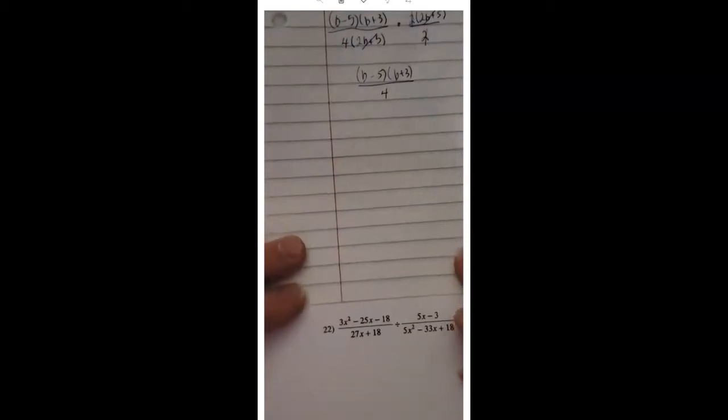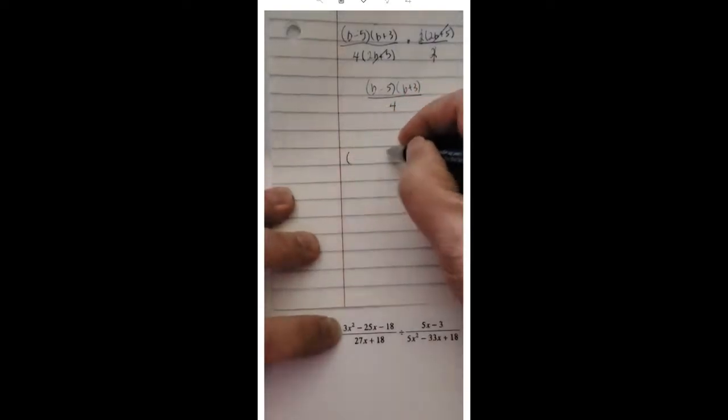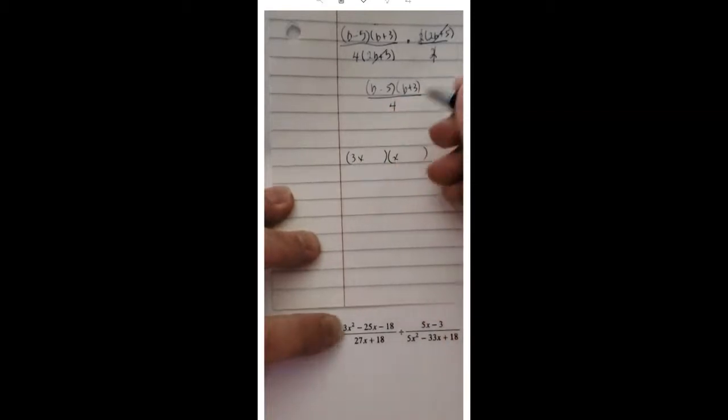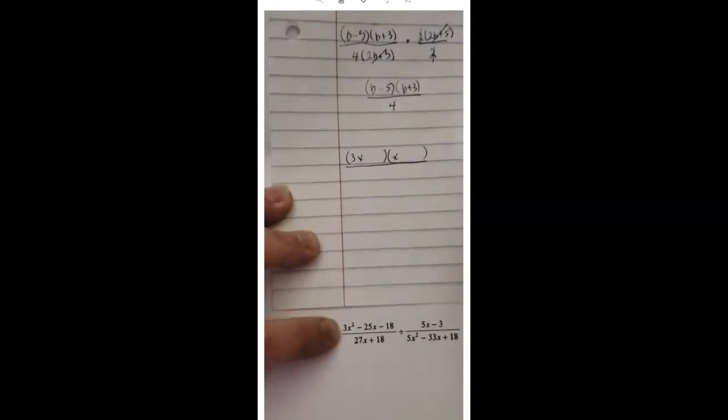Again, I'm going to factor it a little bit as I'm rewriting it. That one doesn't have a greatest common factor, so that one's going to be 3x and an x. Trying to think of what one's going to work there.